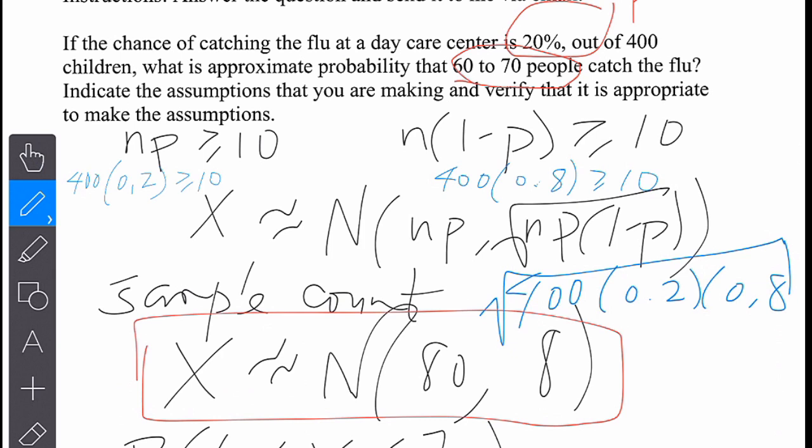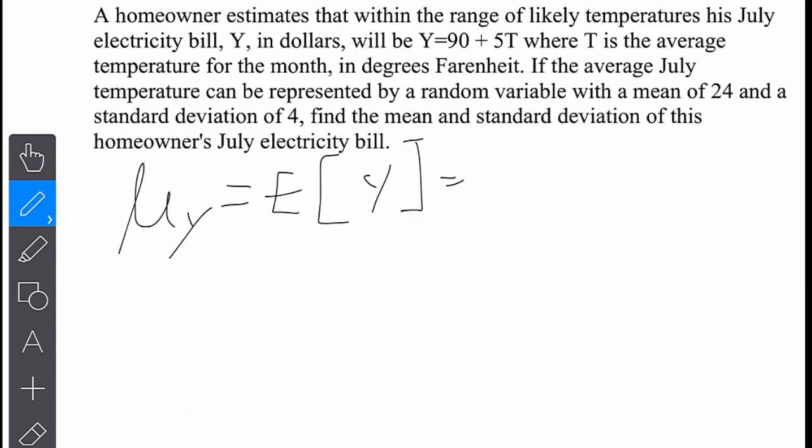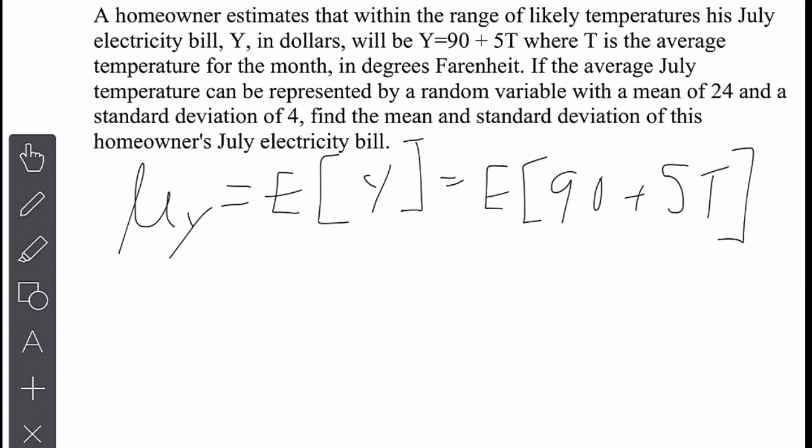Back to this problem. Okay, E of Y is the same as E of 90 plus 5T. And the mean of a linear combination, or this is called the linear transformation, is the same as a linear transformation of the mean. Okay, Jen, that's good.